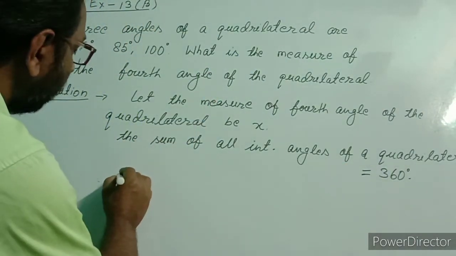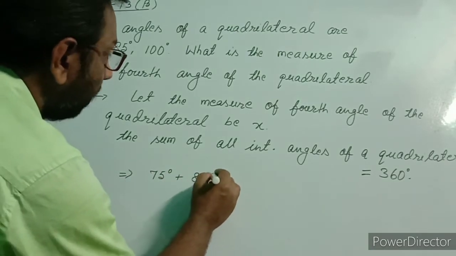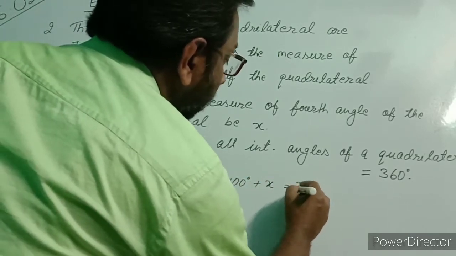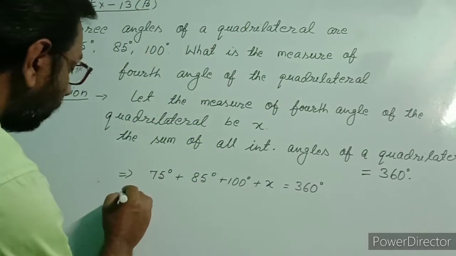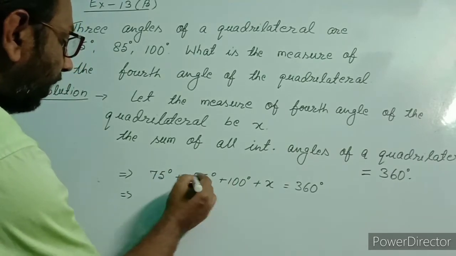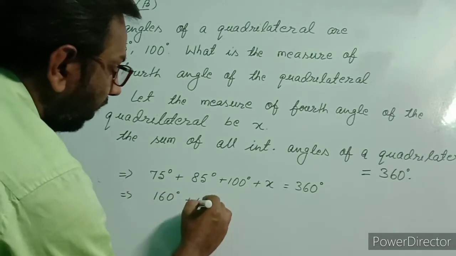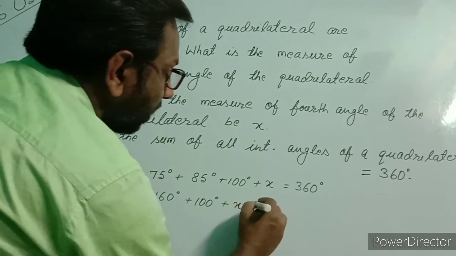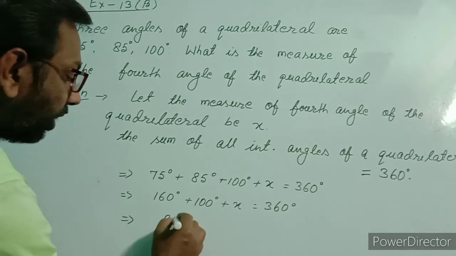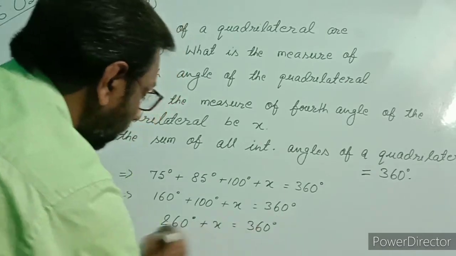We have these four angles as 75 degree plus 85 degree plus 100 degree plus x equal to 360 degree. We shall add it. This became 5, 5, 10, 8, 7, 15, means 160 degree plus 100 degree plus x equal to 360 degree. Now we can write 260 degree plus x equal to 360 degree.